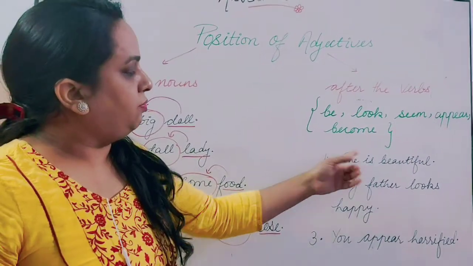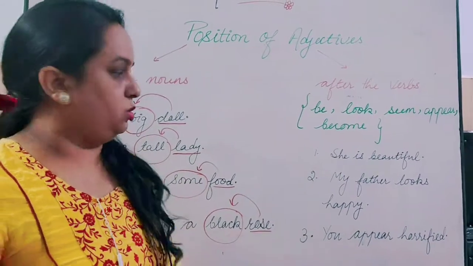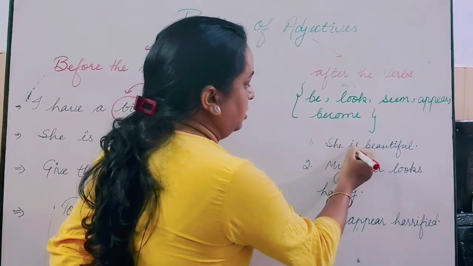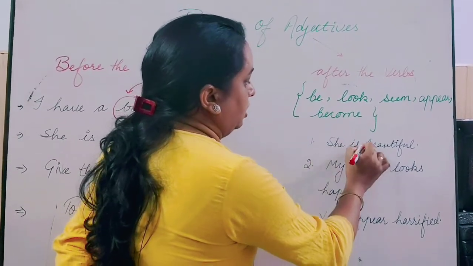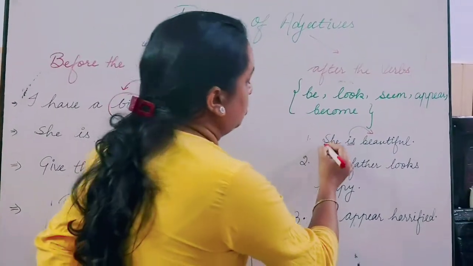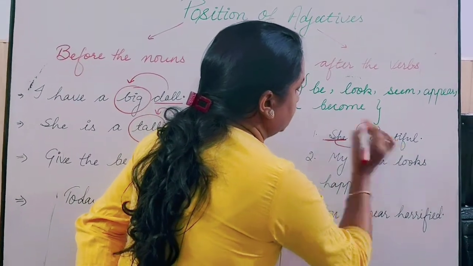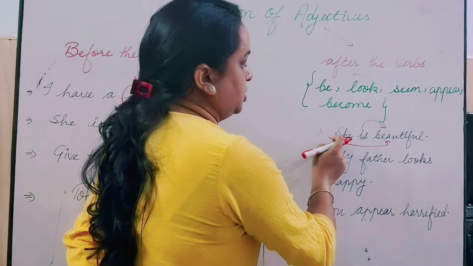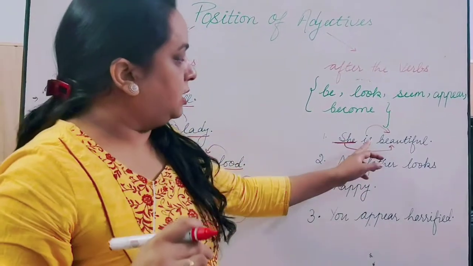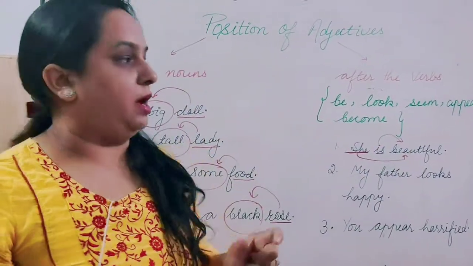So if there is no noun here, we can get the adjectives also, like, she is beautiful. Now, a be form is here, is. Clear? And just after that, the word beautiful is telling the quality of, describing she. So this word beautiful is describing she, and it is placed after the verb is. So this you have to keep in mind.